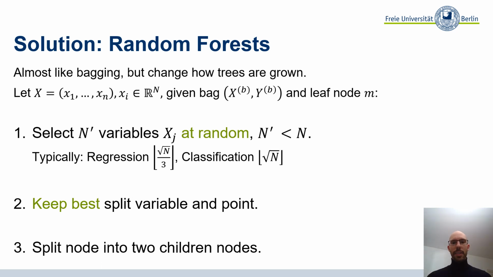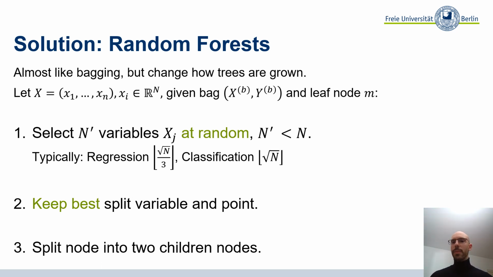So as you can see, this is pretty much the same way that we build decision trees in our vanilla way of building decision trees. However, instead of looking at all variables xj, we only look at a subset of the variables.